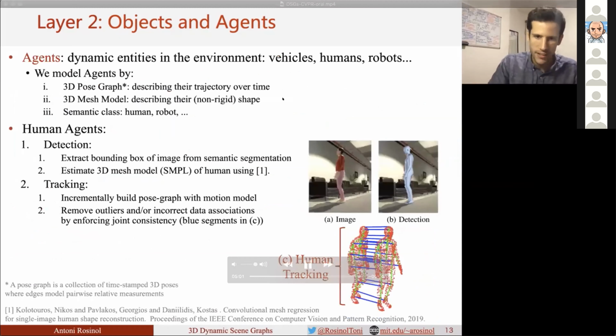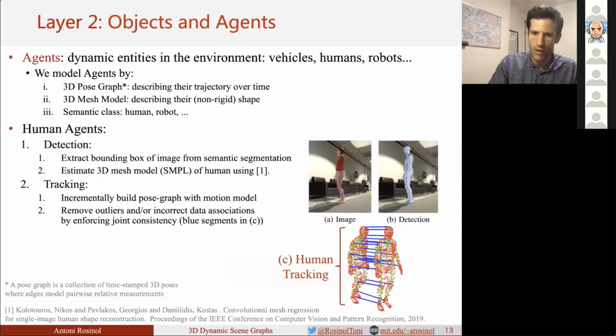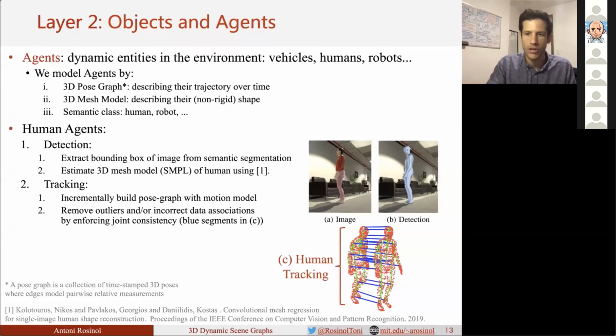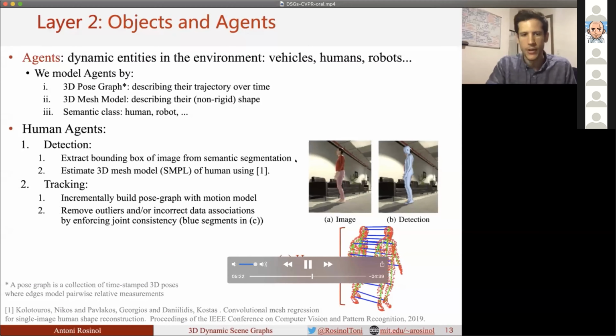For each agent in the scene, we build a 3D pose graph, a 3D mesh model describing their potentially non-rigid shape over time, and a semantic label. Having dynamic objects in the scene significantly complicates the state estimation of the robot and the mapping. Therefore, we make use of the semantic and inertial information to counter its effects, as we will see later.